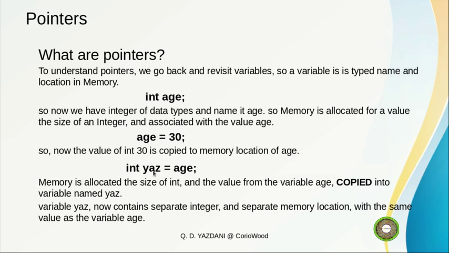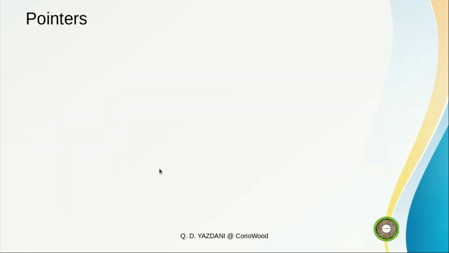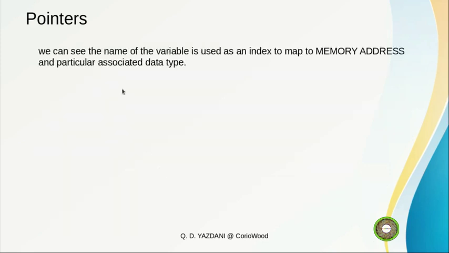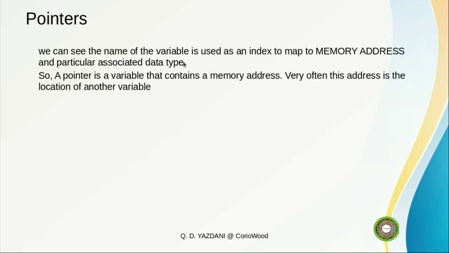This one's got the same value 30. All right. We can see the name of the variable is used as an index to map memory address and particular associated data type.